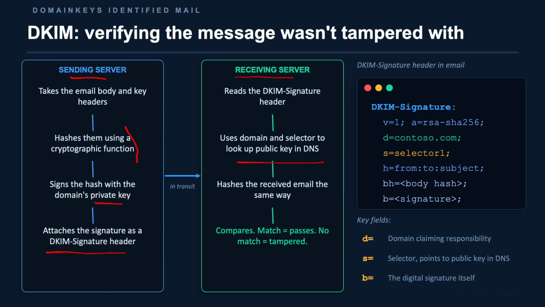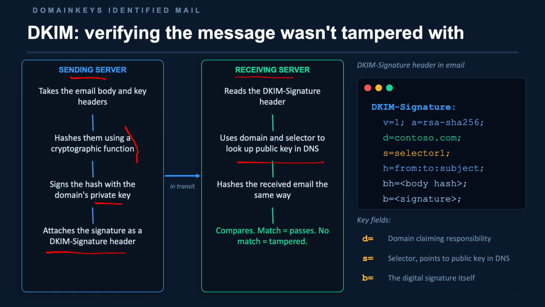At the same time, it independently hashes the message it received using the same method. If its own fingerprint matches the one in the signature, two things are proven at once: the message was genuinely authorized by that domain and not a single character was altered in transit. If anything changed, the fingerprints will not match and DKIM will fail.